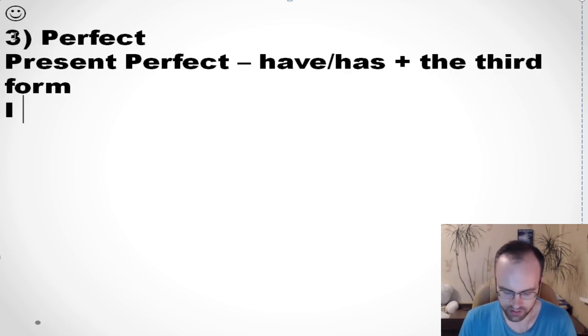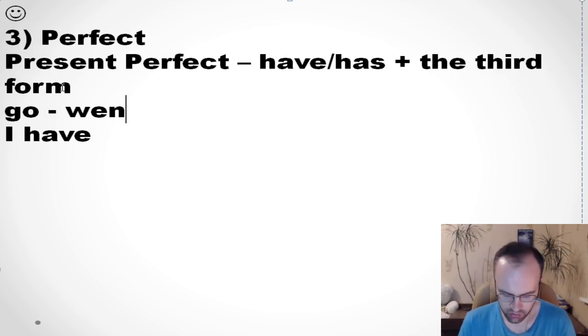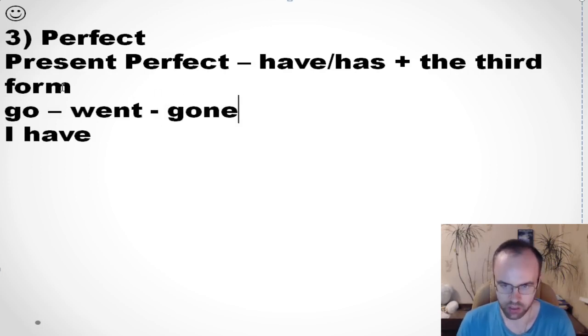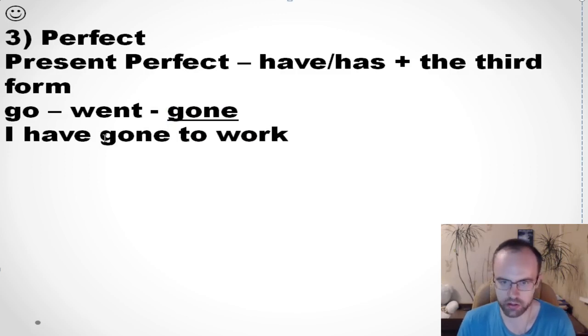Okay? For example, I have, and if we look at this verb, go, went, gone, you see that gone is the third form of the verb go. So I have gone to work.